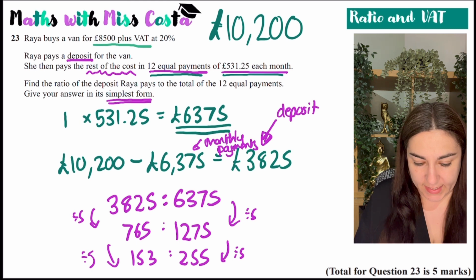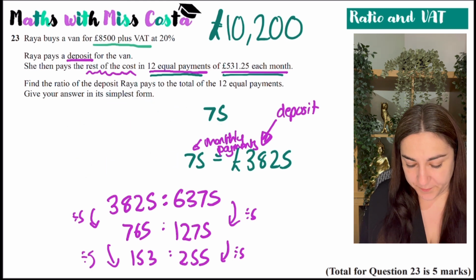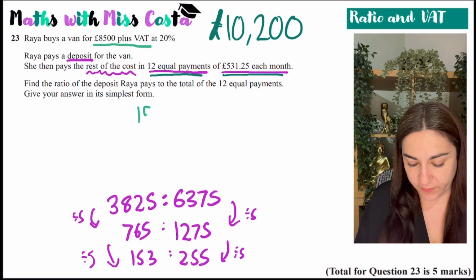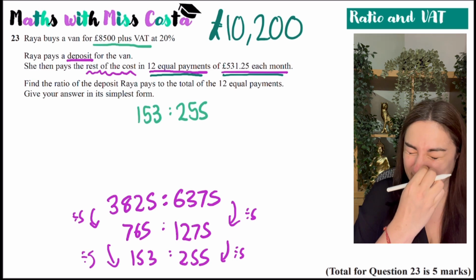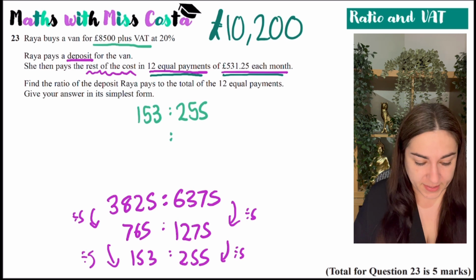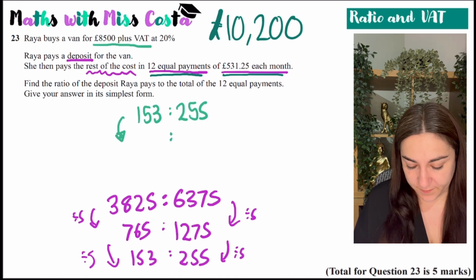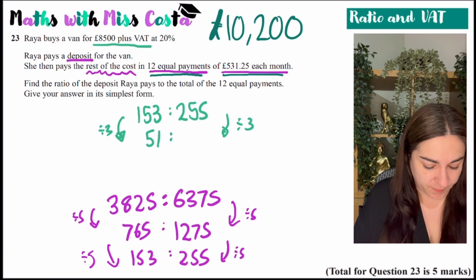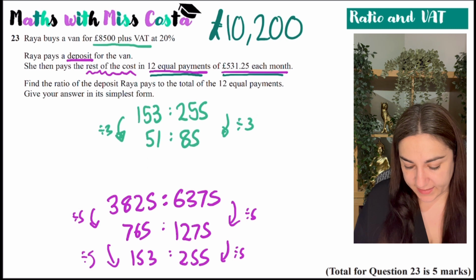So now let's see how I can further simplify it. I've got 153 to 255. I can't divide by 5 because 3 is not in the 5 times tables. So I could try dividing by 3 and see if that works, and it does. That would be 51, and 255 divided by 3 is 85.